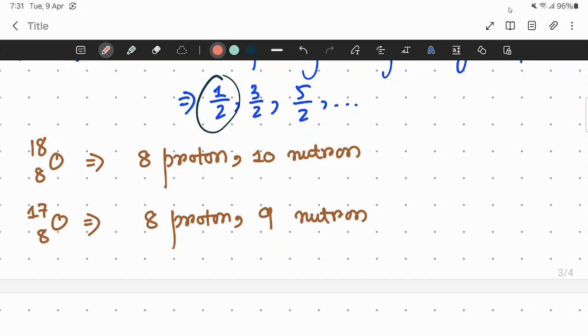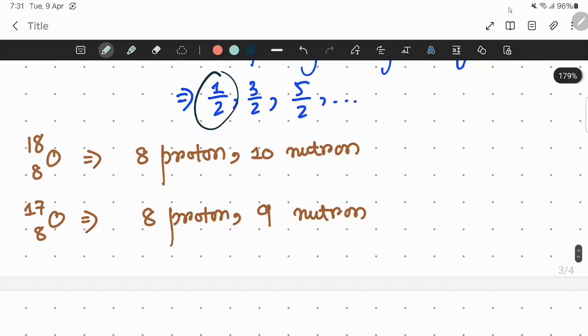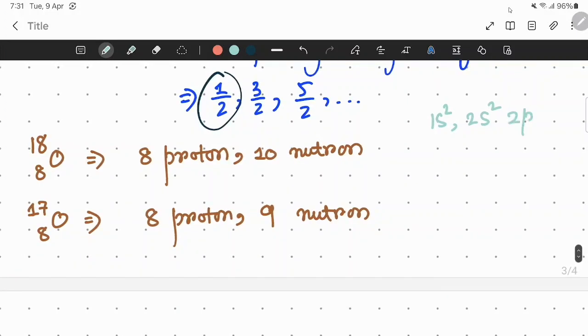So if all protons are paired, how much spin will be there, that we can say. Each proton has the spin half. Consider these protons as electrons, and 8 protons means again it will be 1s2, 2s2, 2p4.